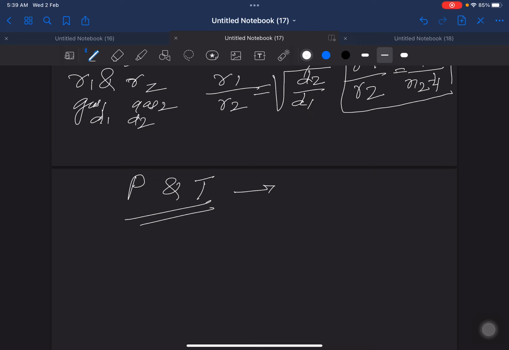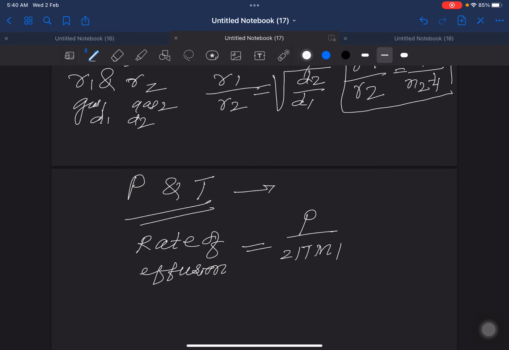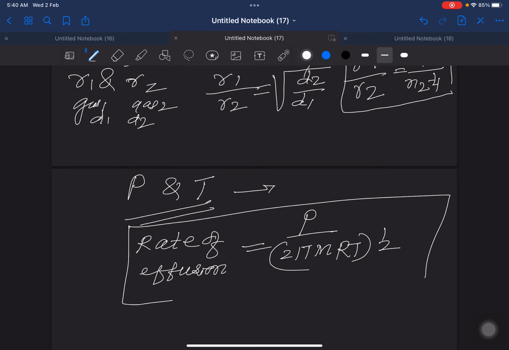Therefore, the rate of effusion can be taken as pressure upon root of twice pi m RT. There is no derivation of this equation, but it is directly proportional to the pressure applied to the gas.